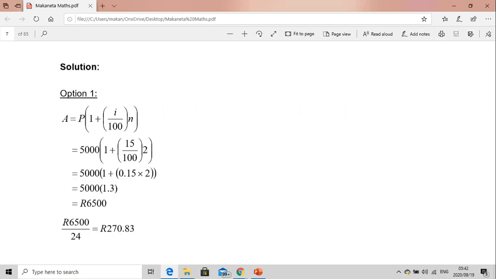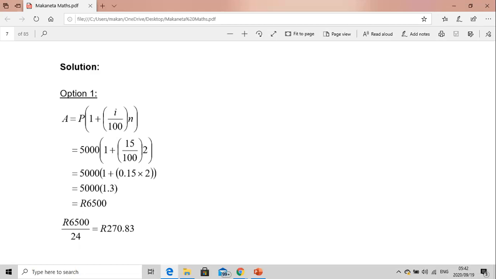So you can tell that the first one, when you look at the simple interest rate, your interest now becomes the coefficient of the number of years, which is 2 years. And as always, we say that the 15% must be divided by 100.